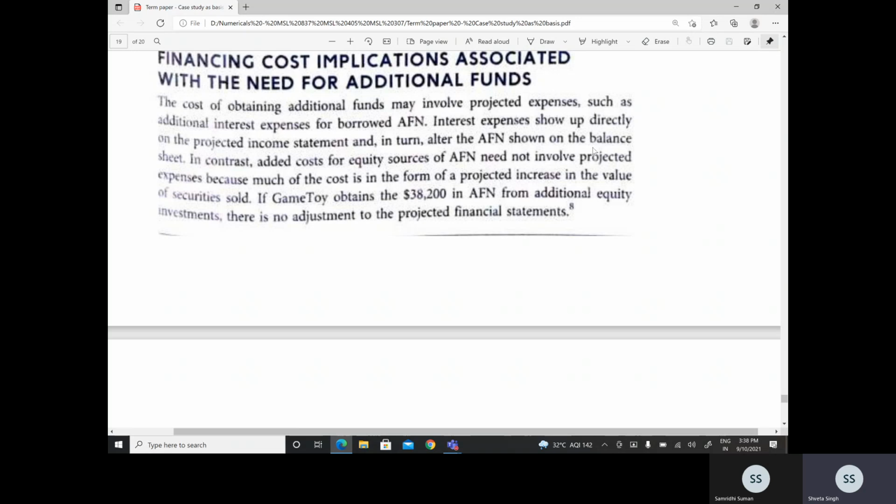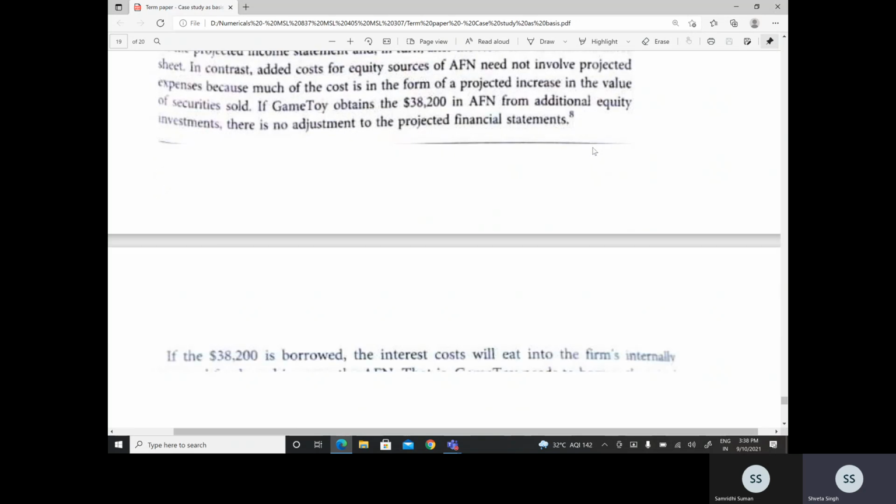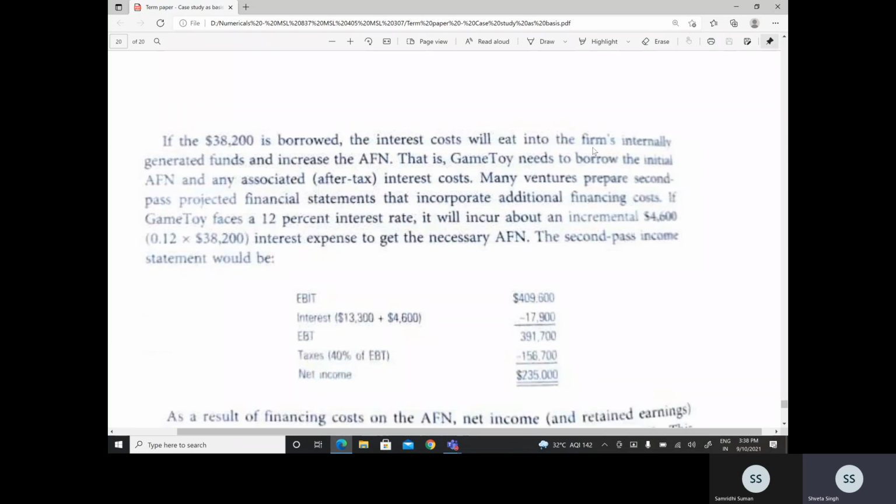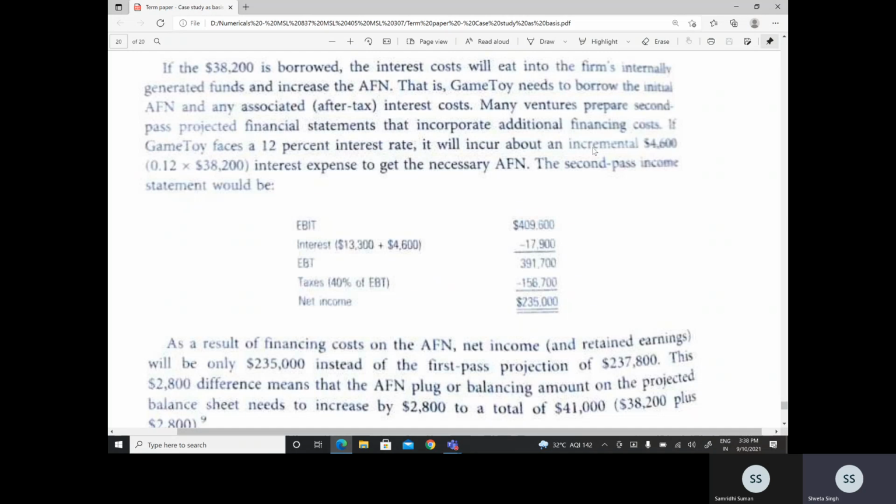However, please do realize that if you raise money through equity, it would mean a dilution in the holding for the founder. If the $38,200 is borrowed, the interest cost will eat into the firm's internally generated funds and increase the AFN. That is, Game Toy needs to borrow the initial AFN and any associated after-tax interest costs.